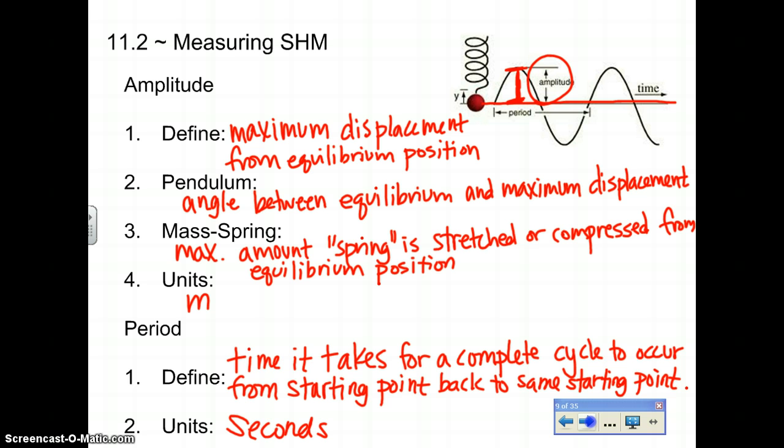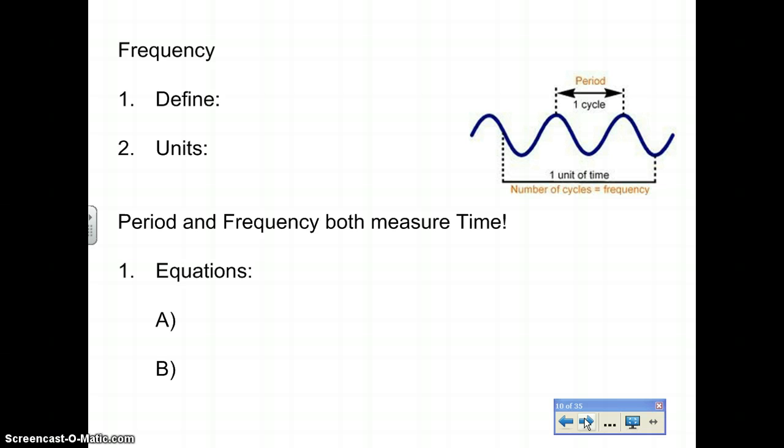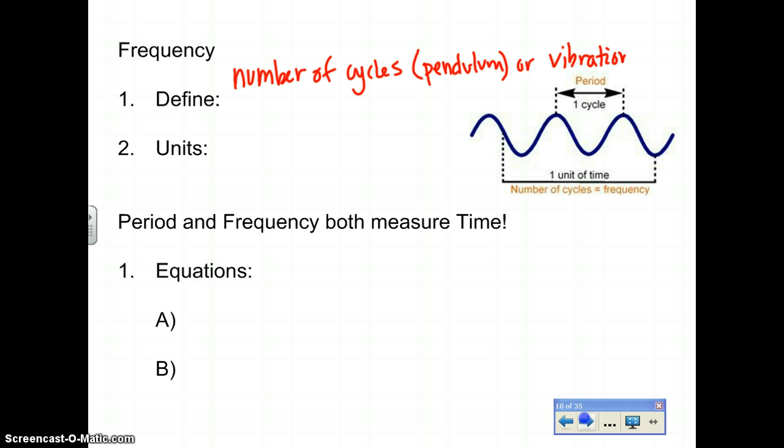Something else that you guys need to put in here is that the variable is a capital T. Okay, period is a capital T. Amplitude is a capital A. Okay, frequency. Frequency is defined as number of cycles (pendulum) or vibrations (spring) per unit of time.